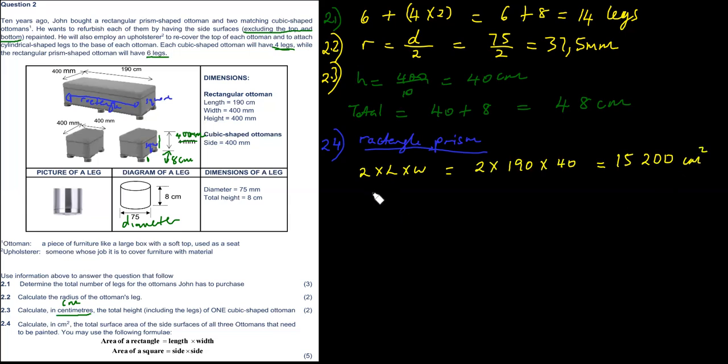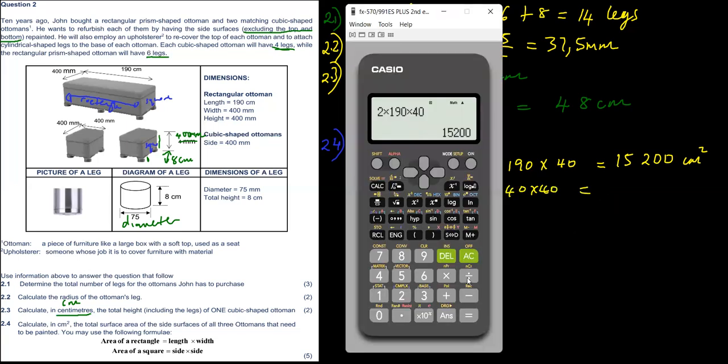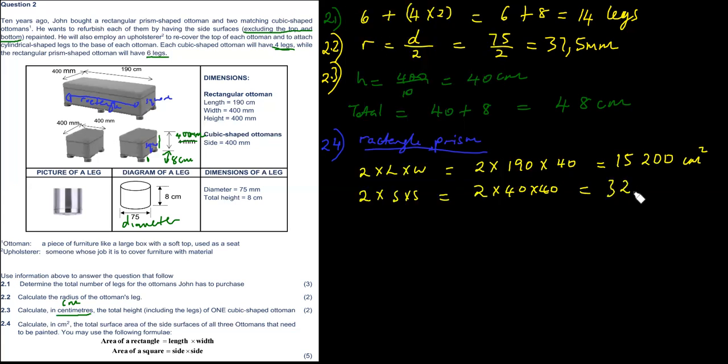Then what about the smaller sides? We are looking at the rectangular prism, so it's 2 again times side, which is equal to 2 times 40 times 40, which gives us 3,200 centimeters squared.